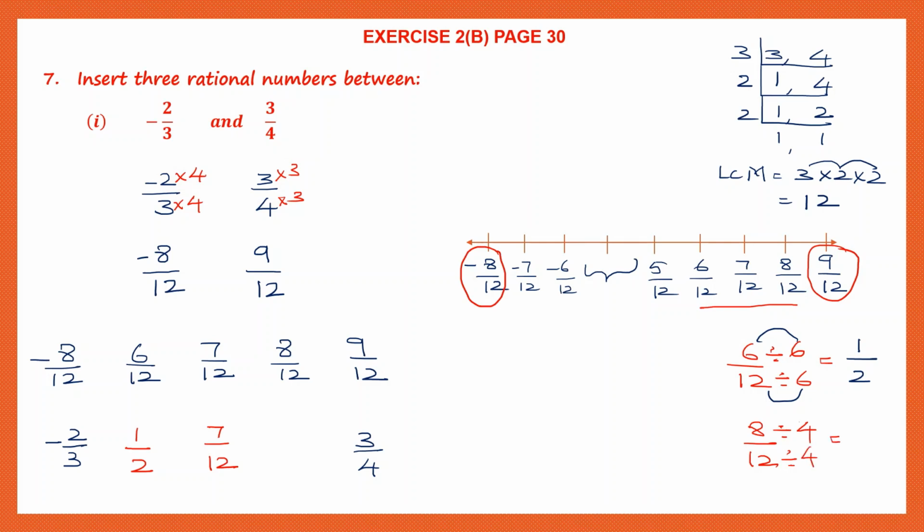So here 4 twos are 8 and 4 threes are 12. So we've got 2 by 3, which can't be reduced again. So these are the three rational numbers that we have inserted now, and we have inserted them between minus 2 by 3 and 3 by 4. So like I said, you can take any 3 that come between minus 8 by 12 and 9 by 12.